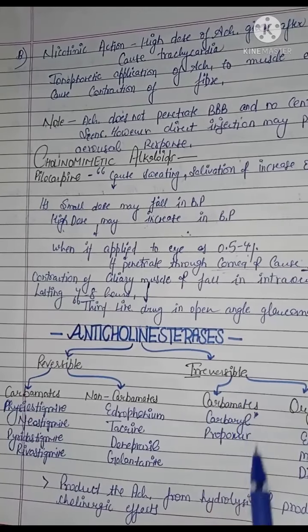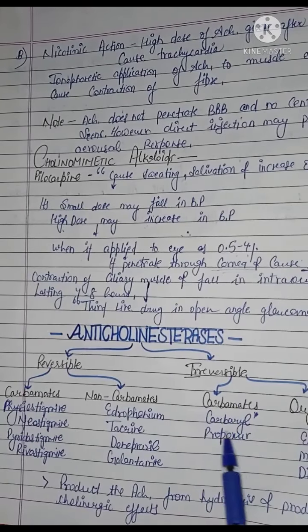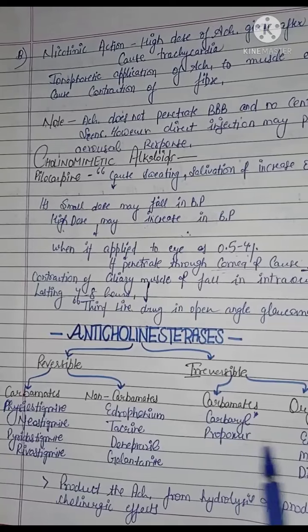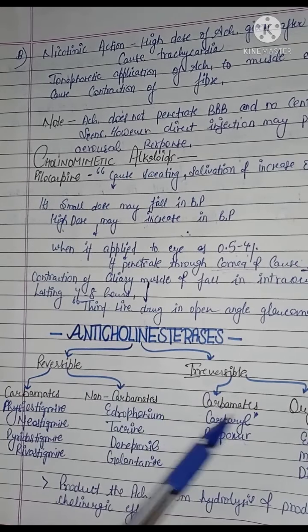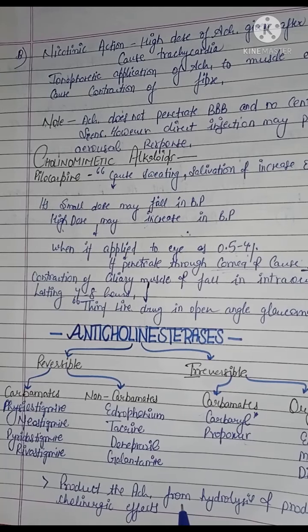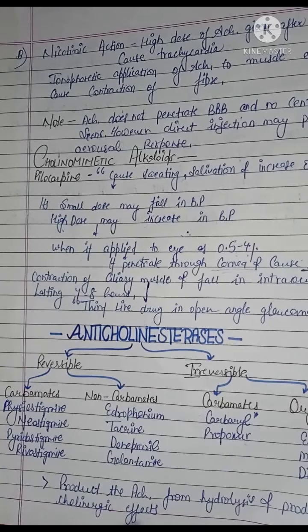In case of irreversible, we have carbamates, which are carbaryl, propoxur, or in case of organophosphates, we have diflos, ecothiopate, malathion, and diazinon. So these are anticholinesterase drugs. Acetylcholine is protected from hydrolysis and produces the cholinergic effects.